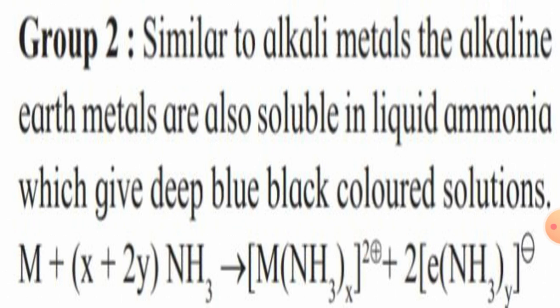Now here you see M plus x plus 2y NH3. When any alkaline earth metal is treated with liquid ammonia, it gets converted into metal cation complex and ammoniated anions. Some of the ammonia will grab an electron, and some of the ammonia will link with the metal and get converted into metal complex.